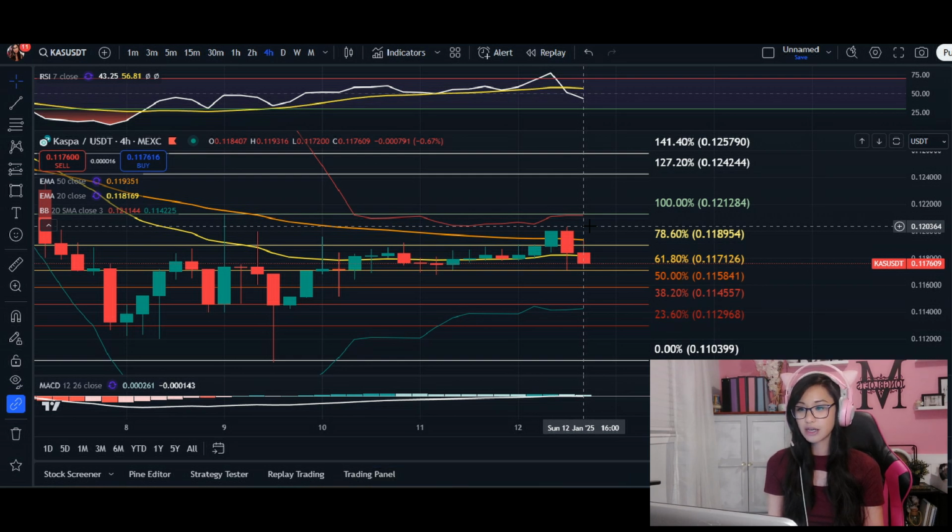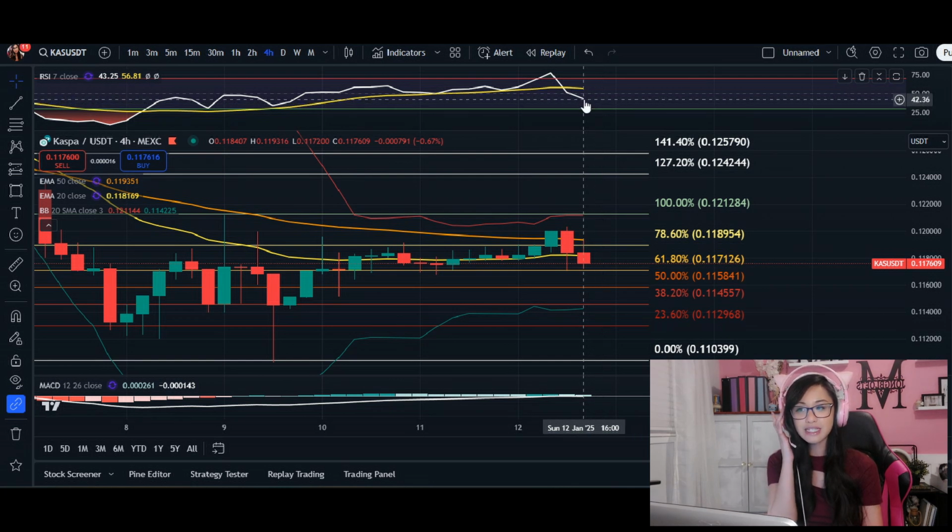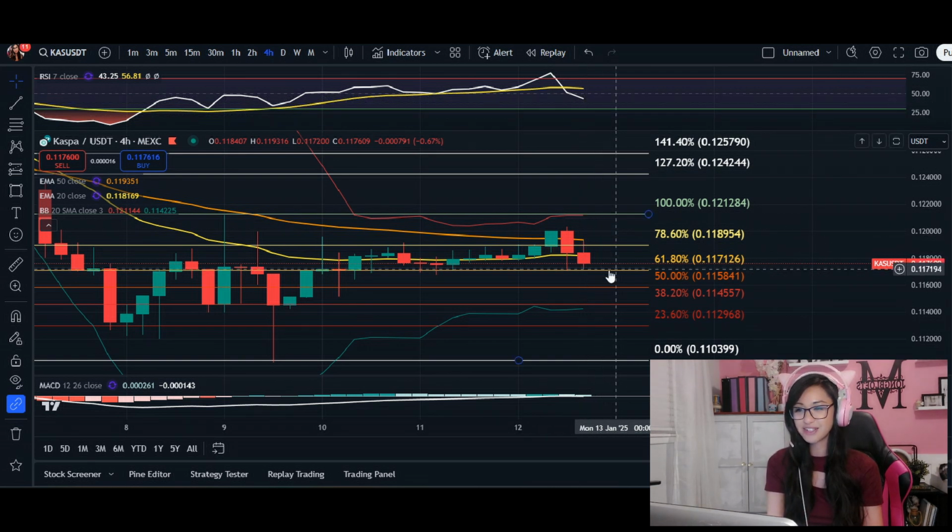When we take a look at the RSI here, roughly around 43% shows some weak momentum, while the MACD histogram is near our 0 line, signaling some indecision in the marketplace. A break above, closer to our 61% Fibonacci retracement level, can definitely open the doors to a retest around our 78%.